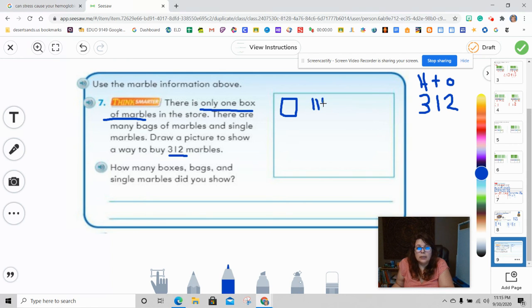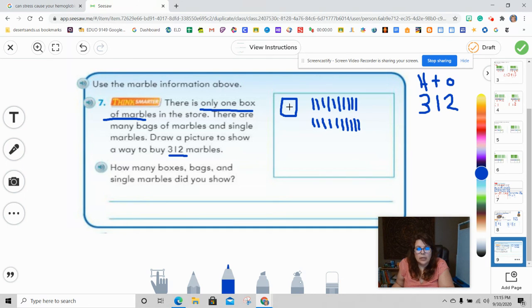10, 20, 30, 40, 50, 60, 70, 80, 90, 100. That's another 100, so that's 100, 200. But I need 300, so I need to draw 10 more. 10, remember, magic number 10. 10, 20, 30, 40, 50, 60, 70, 80, 90, 100.